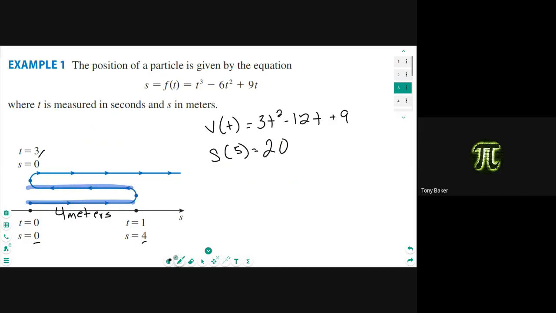So this one back here is going to be what? That's also going to be 4 meters. And we know when t equals 5, the S is 20. So that means this length right here is 20 meters. So how far did the particle travel in 5 seconds? 28 meters. We have to add all those together.